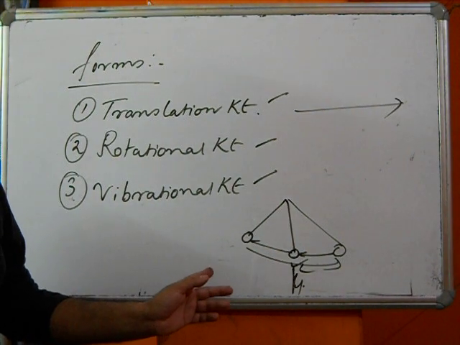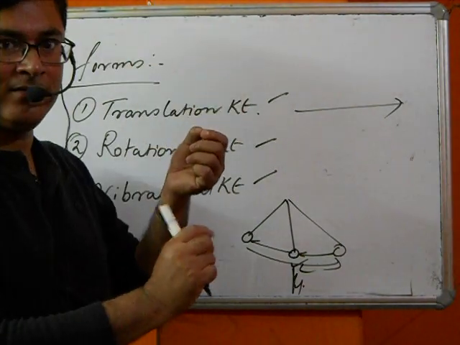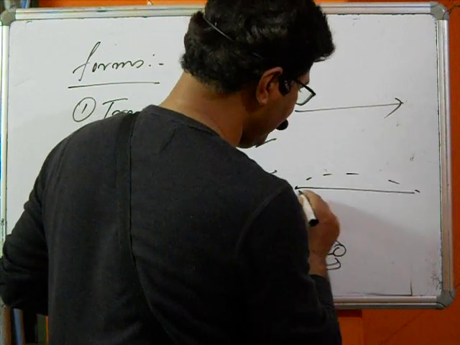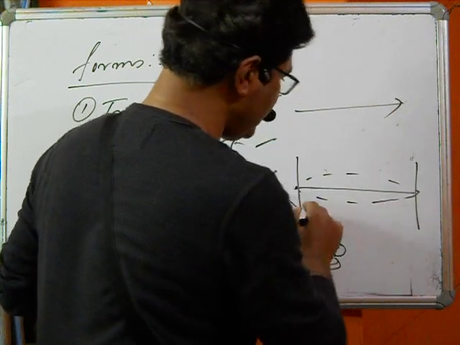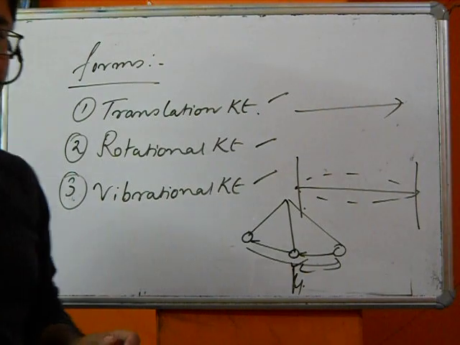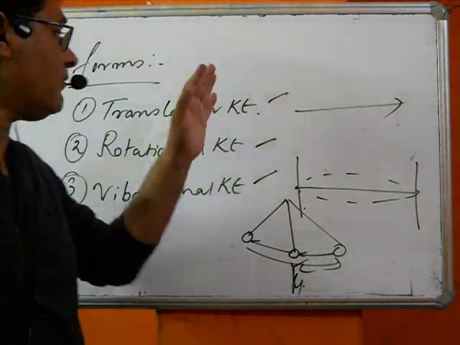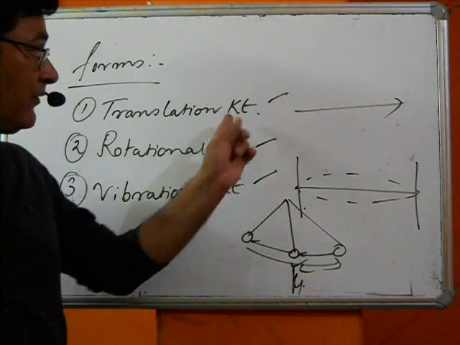Now, I take a wire and I pluck it. What will happen? The wire is vibrating in this way, right? This is also vibrational kinetic energy. These examples you should be knowing, make sure you practice them from your books, about the different forms of kinetic energy.